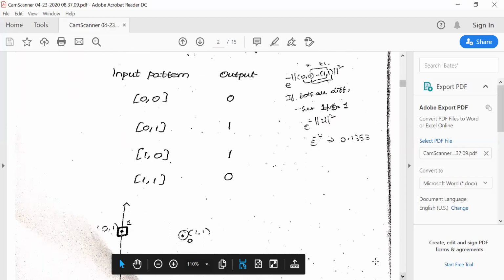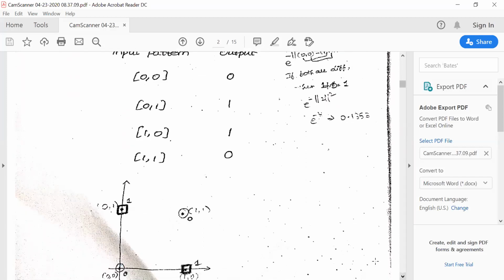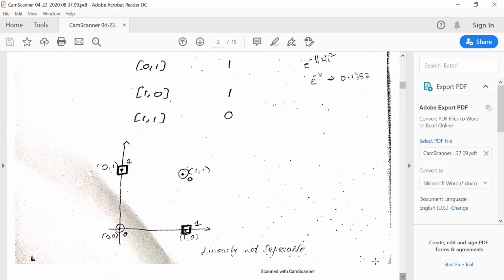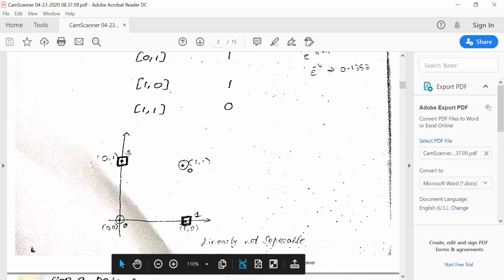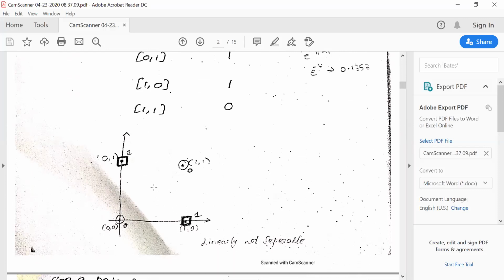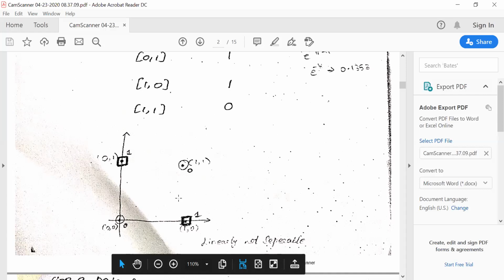Let us see whether these input patterns are linearly separable or not. You can easily see that 0,0 and 1,1 represent output 0, and 0,1 and 1,0 represent output 1. Can we draw a line over here to separate zeros and ones? There is no way to draw a single line to separate zeros and ones over here. So this is not linearly separable.